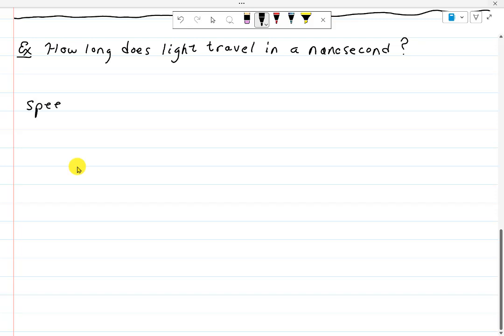We looked it up before, so I'll write it down. So it's that many meters per second.